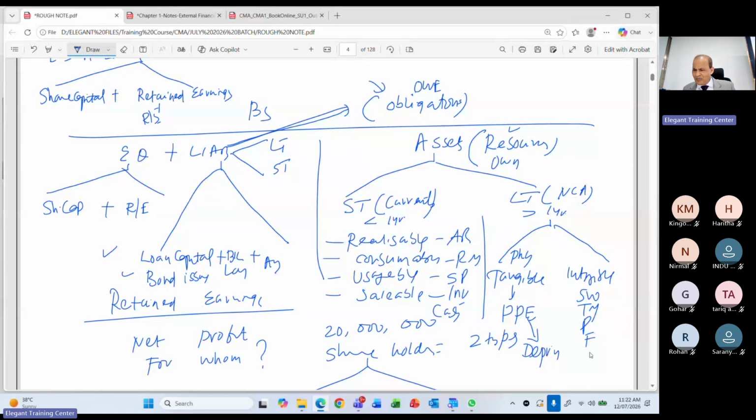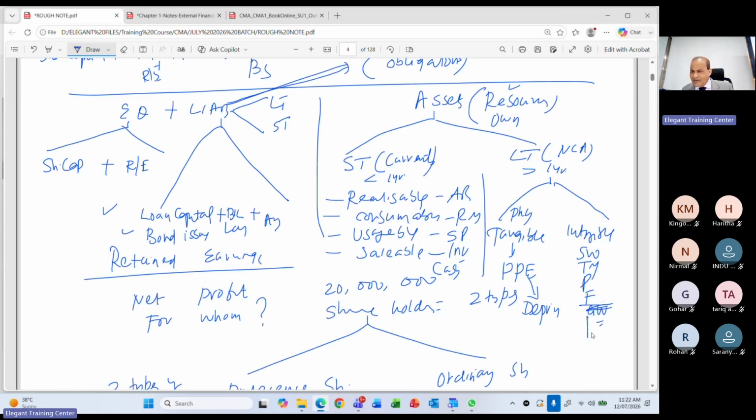Then goodwill. Keep it separate. These are called intangibles, right? So intangibles are subject to amortization. So intangible assets are amortized and physical assets are depreciated.